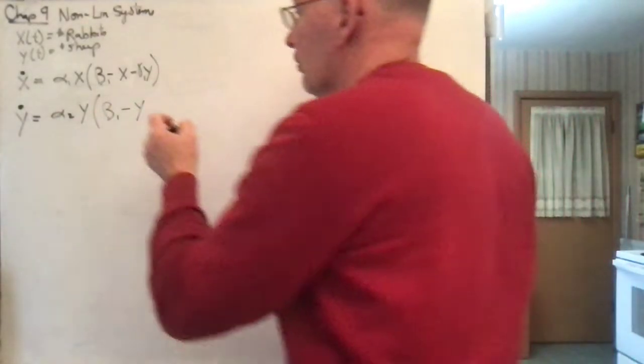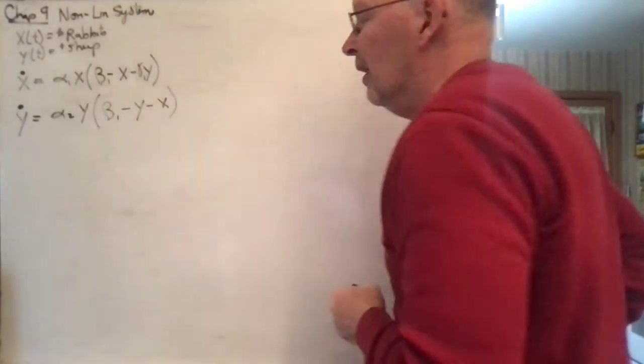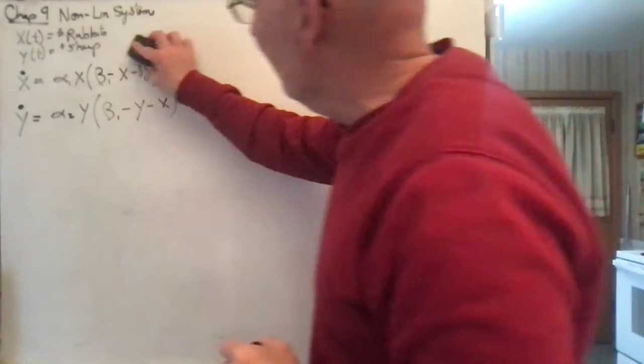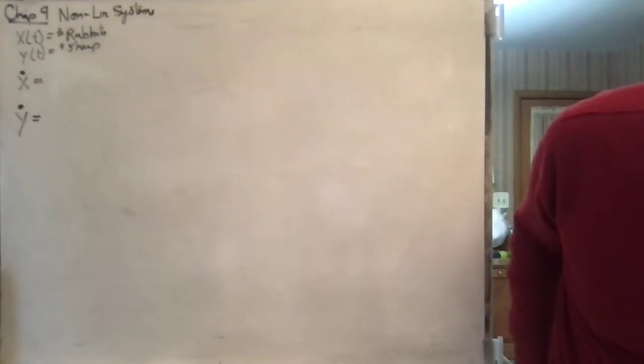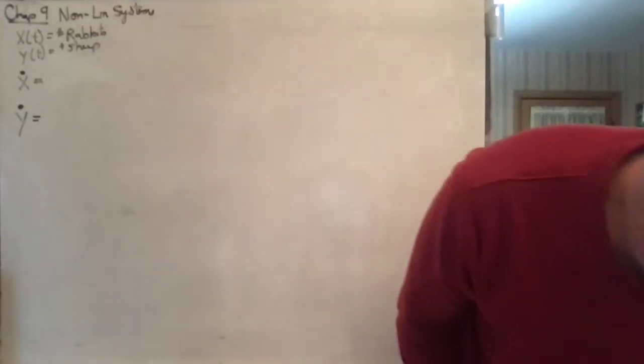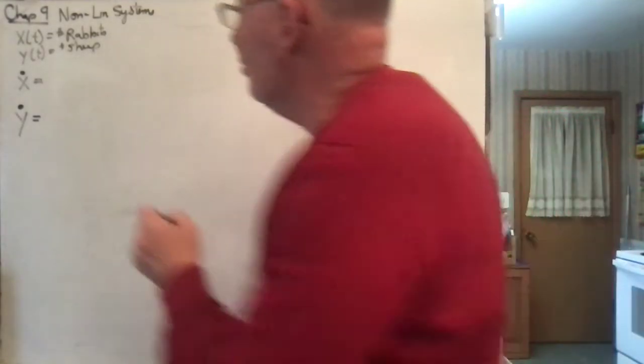And then as soon as you include the rabbits, they're going to influence that carrying capacity as well. So that's the idea. So let's put in some numbers just to make it specific. And the numbers that I chose were x times (3 minus x minus 2y).